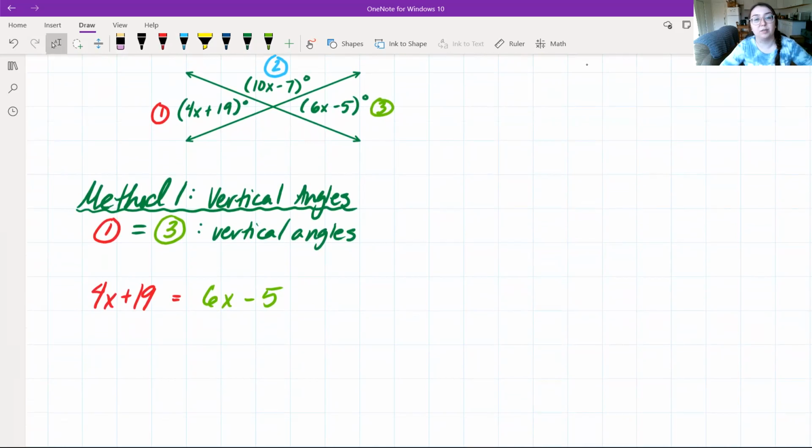And now we just want to solve normally. So when we have a problem like this, we're going to go ahead and add 5 to both sides. So I'm going to say 4x plus 19 plus 5 is equal to 6x minus 5 plus 5.